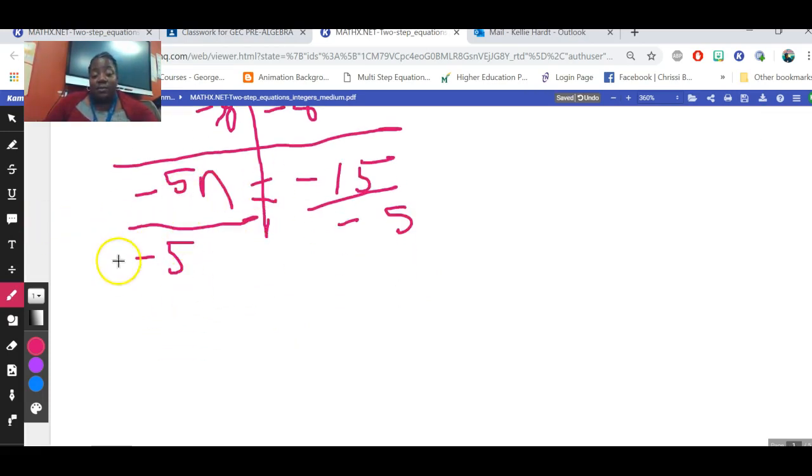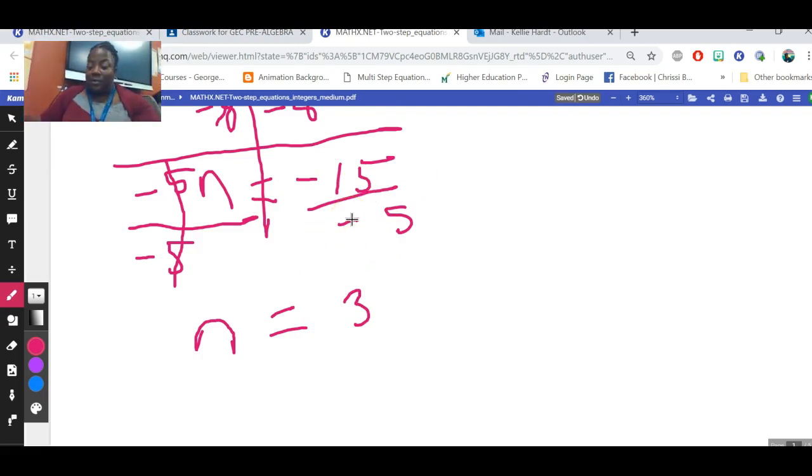Remember, 1s are invisible in algebra, and it's going to be a positive 1 because a negative divided by a negative is positive. So that 1 kind of cancels out, and I leave the n here. Then all I do is the math on the other side. 5 will go into 15 how many times? 3. It's going to stay a +3 because a negative divided by a negative is a positive. All right? I didn't go too fast with that one, but I know I did.